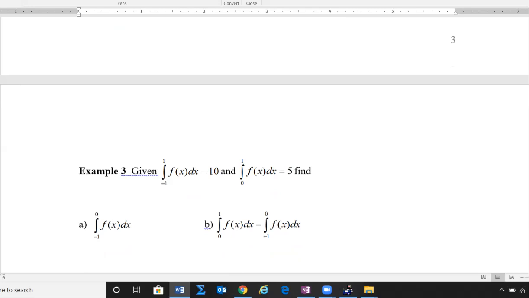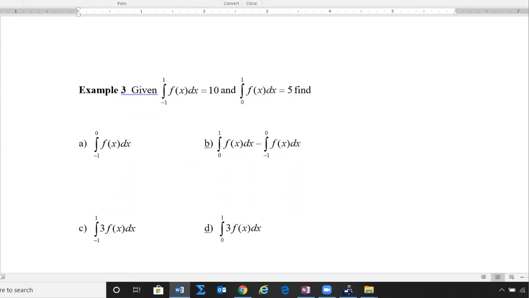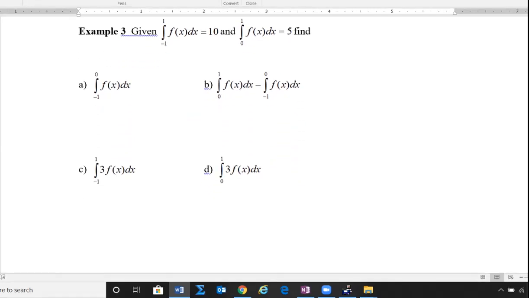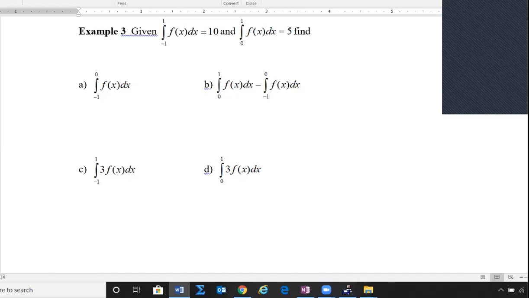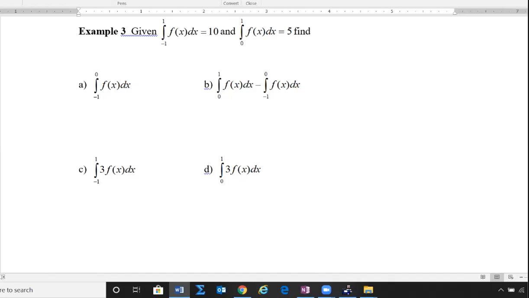All right, here's a little example where we can use a bit of these properties. Let's see. We want to find this definite integral here, and we're given these other pieces up here.